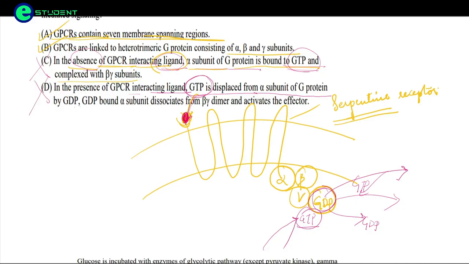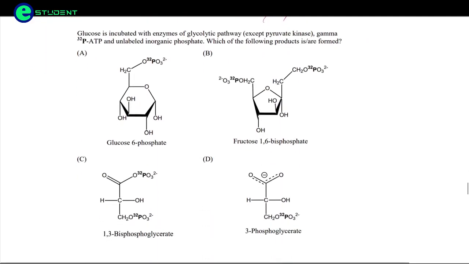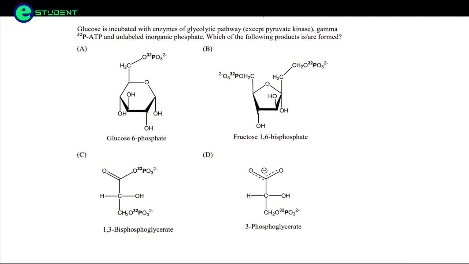So coming to the next question. Glucose is incubated with enzymes of the glycolytic pathway except pyruvate kinase. So here we are taking glucose, and it is incubated with the glycolytic pathway.